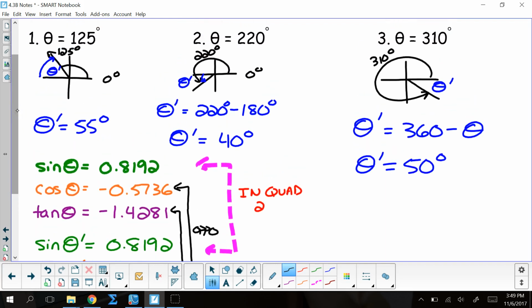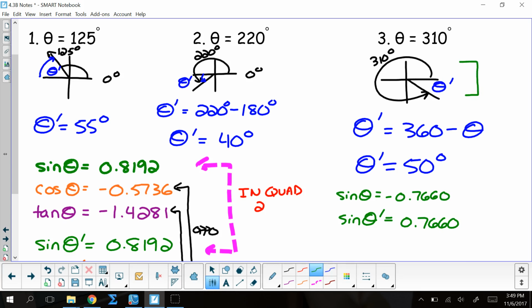Let's look now here at number 3. Let's compare the sines of theta. The sine of 310 degrees is negative 0.7660. The sine of my reference angle, which is 50 degrees, should be positive, and it is, because now I'm in quadrant 4.